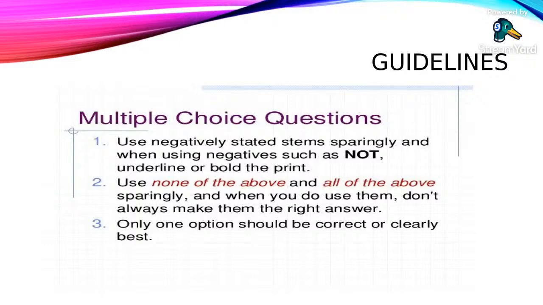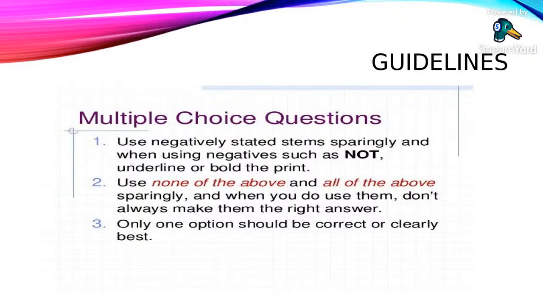Double check, so that you are sure that there is only one correct or the best answer. We can't have two or three correct answers in a question, or in an item, because that is sacrificing the validity of the test. There should only be one.